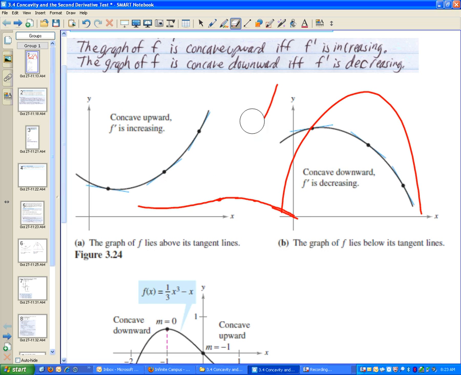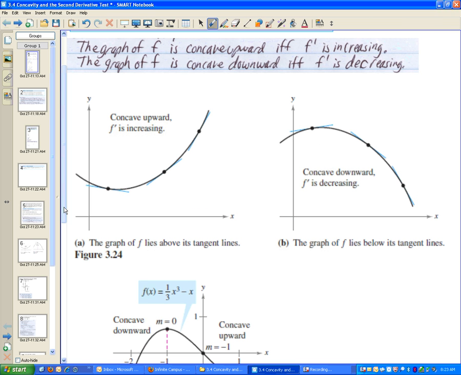But look what happens. The definition actually does make sense if you look at the picture. It says f is concave upward if and only if the derivative is increasing. Now look at these little blue tangent lines they've drawn in. The slope of that one is negative. It's not real negative, right? It's not negative 1,000 or something, but it's negative. And then the slope of this tangent line's positive.